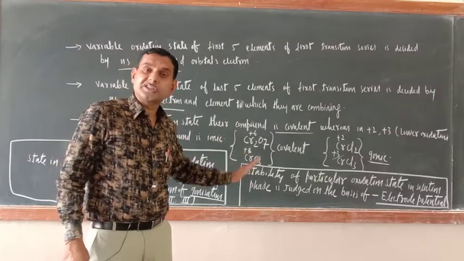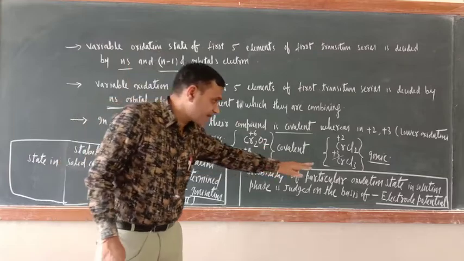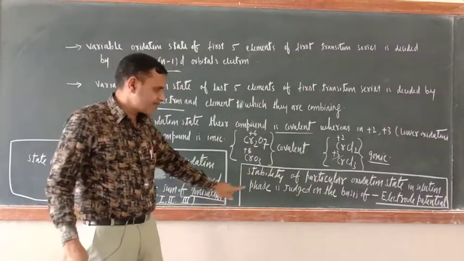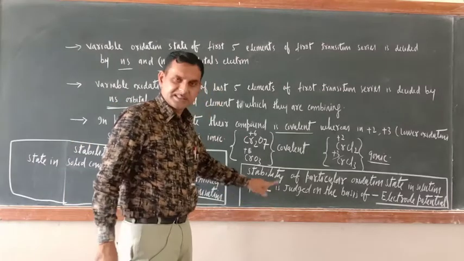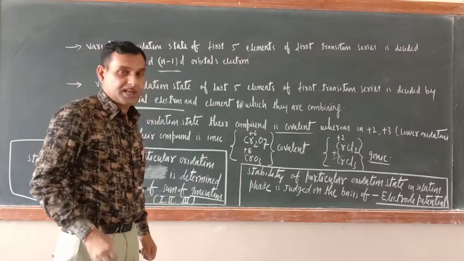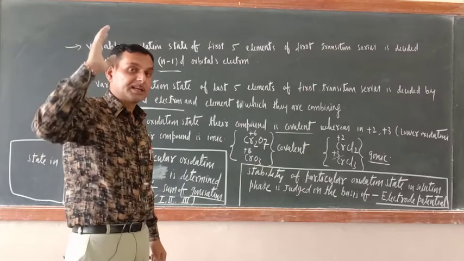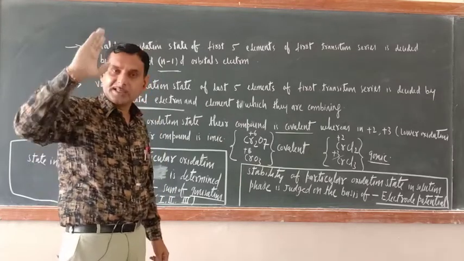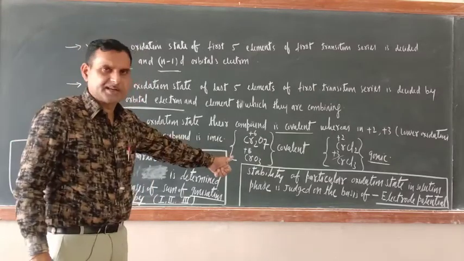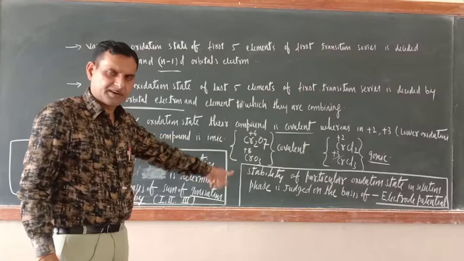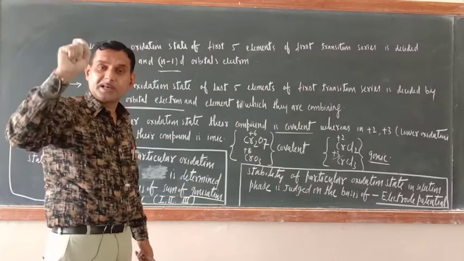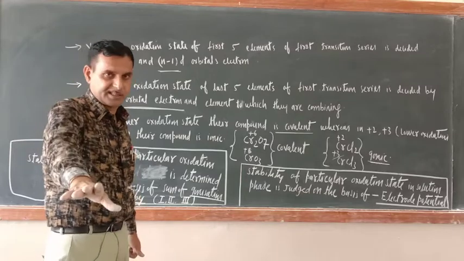Oxidation state also will be judged on the basis of electrode potential, and you know electrode potential depends on three types of energy. What are those energies? If it is metal, then sublimation enthalpy, ionization enthalpy and hydration enthalpy. Already I explained all those things. Correct or not? If it is non-metal, then dissociation enthalpy, electron gain enthalpy and hydration enthalpy.